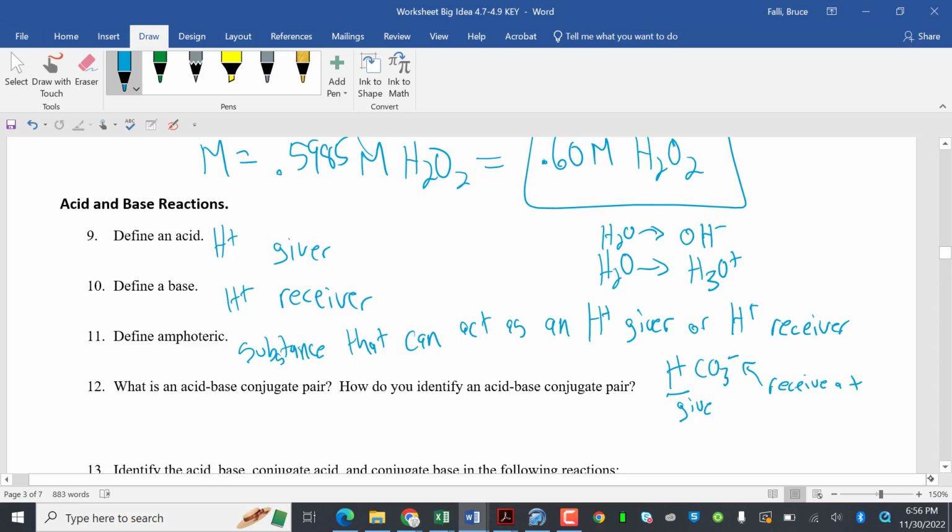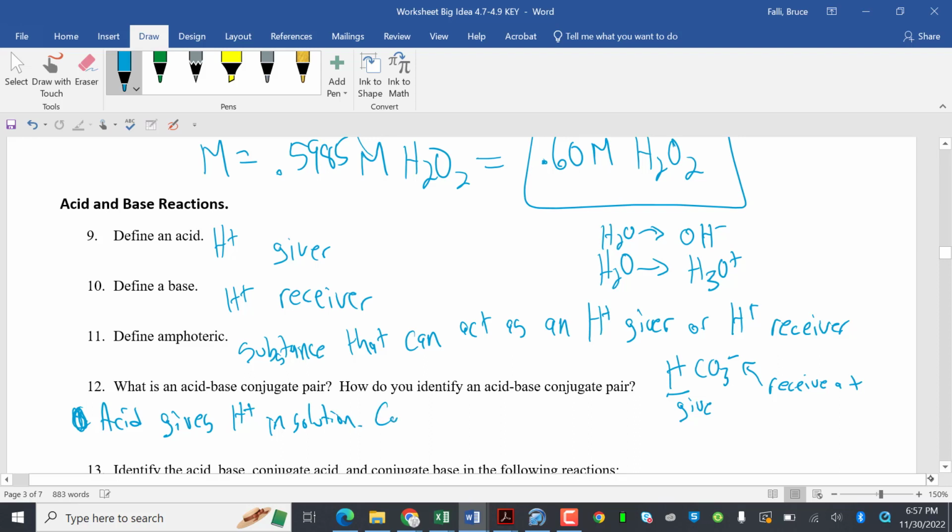What is an acid-base conjugate pair? How do you identify an acid-base conjugate pair? An acid-base conjugate pair is: the acid gives an H positive in solution.